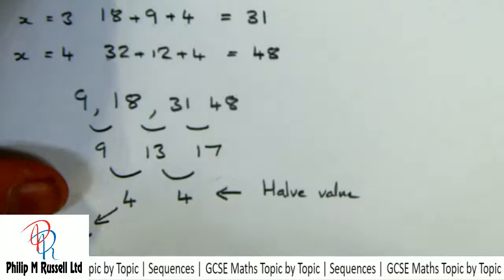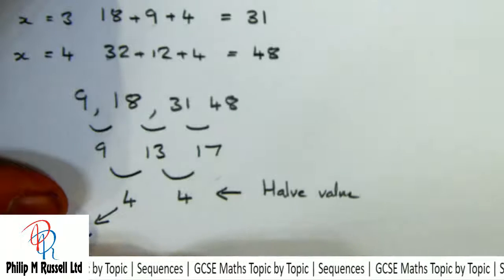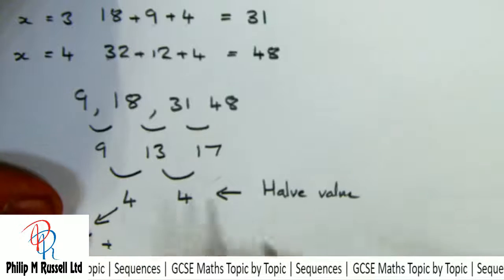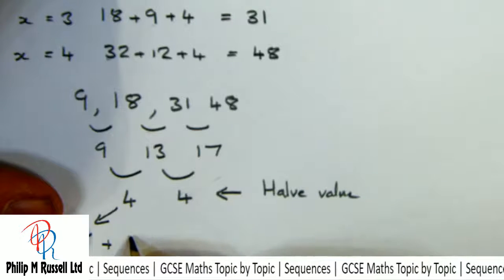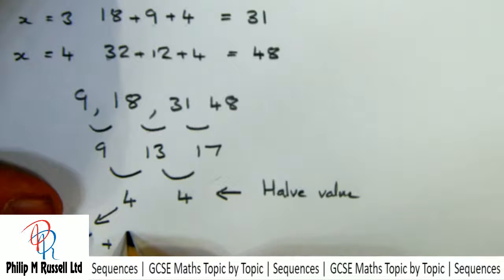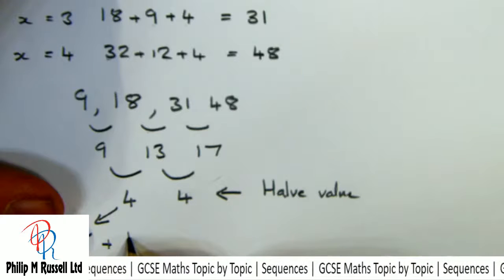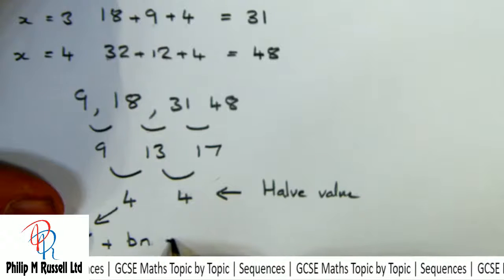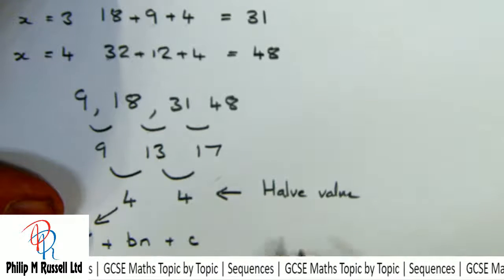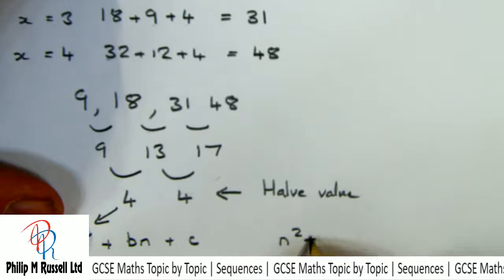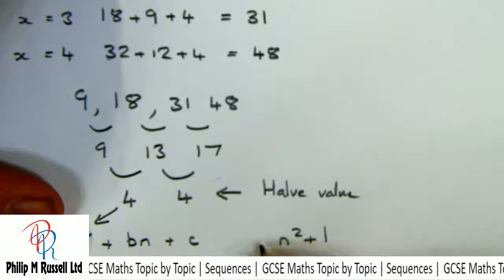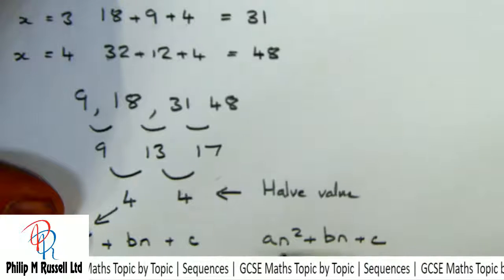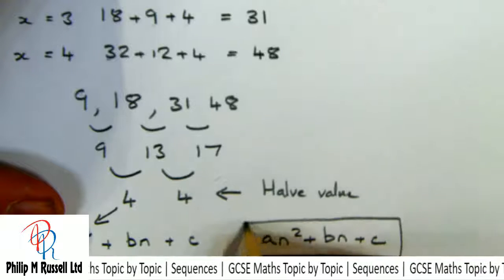Okay, so I now know my sequence is going to be 2n squared plus, most likely to be a quadratic, we know it is, so this is going to be bn plus c, because an squared plus bn plus c is the form of a quadratic equation.